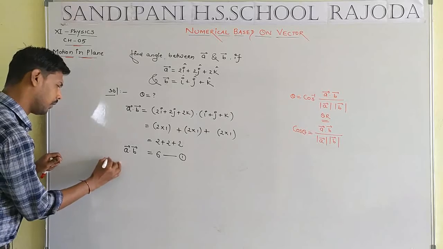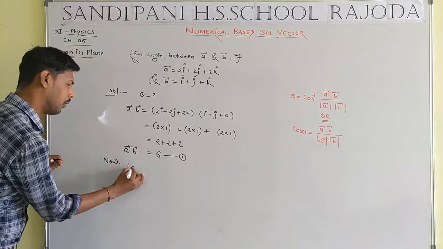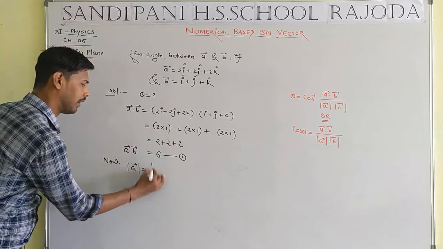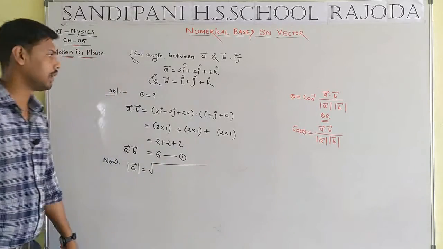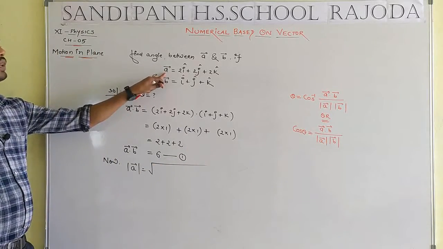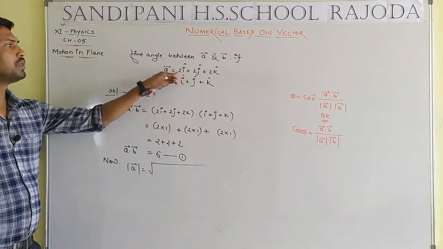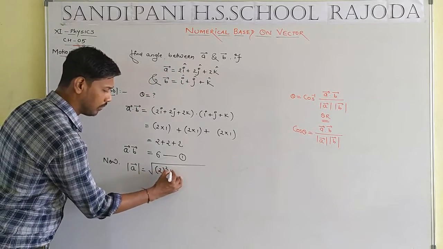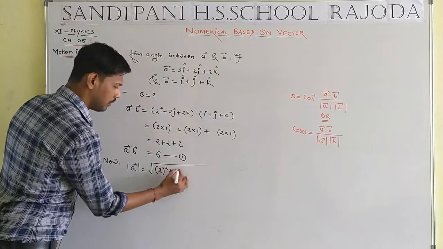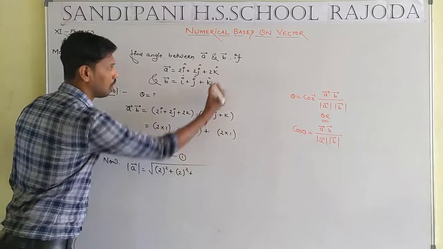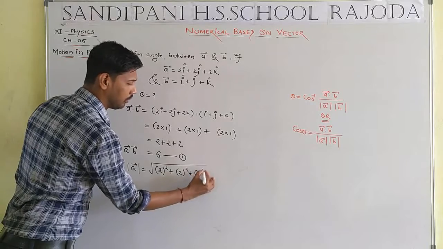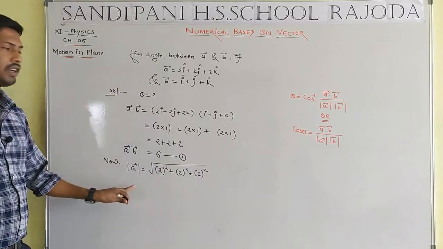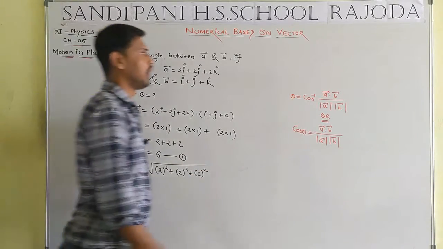Now we find the mod of vector A. To find the mod of vector A, just focus on the equation of A. Here the coefficient of i is 2, that means square of 2. Coefficient of j is 2. Coefficient of k is 2. Okay students, in the case of mod, what is mod?